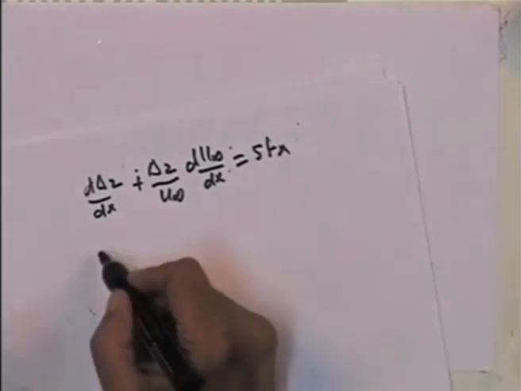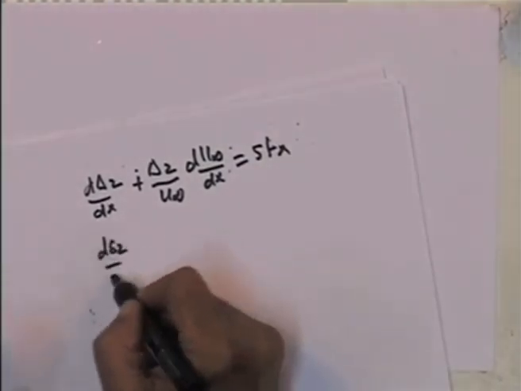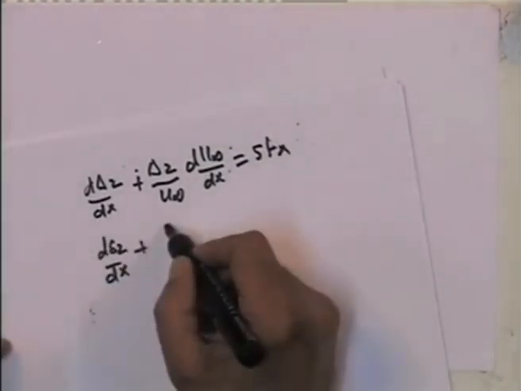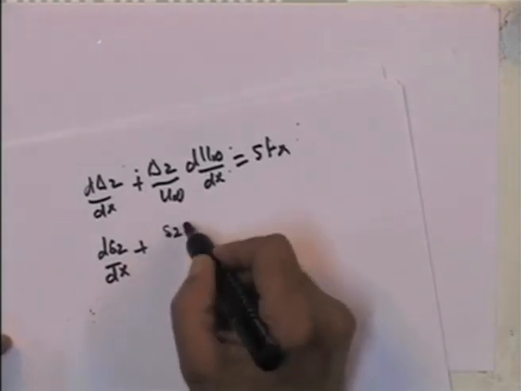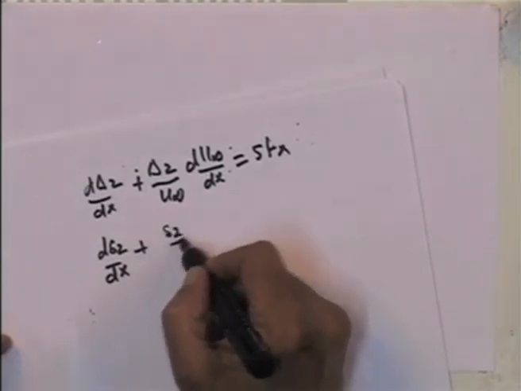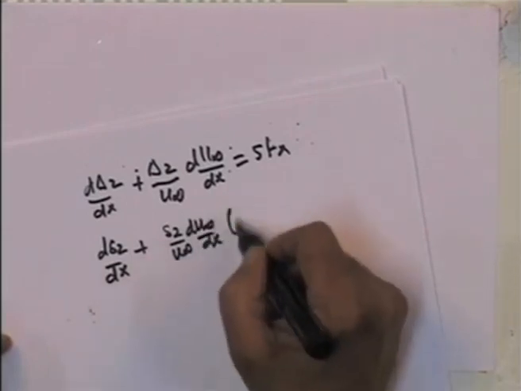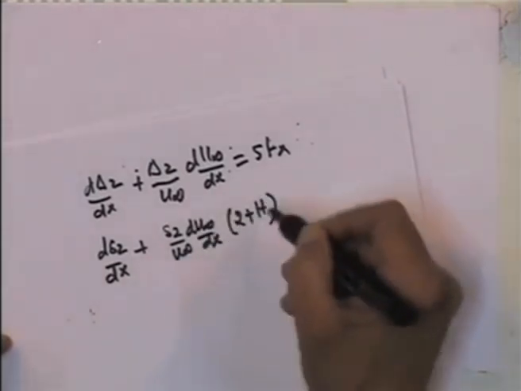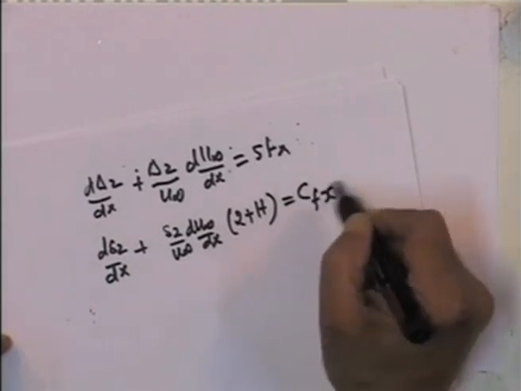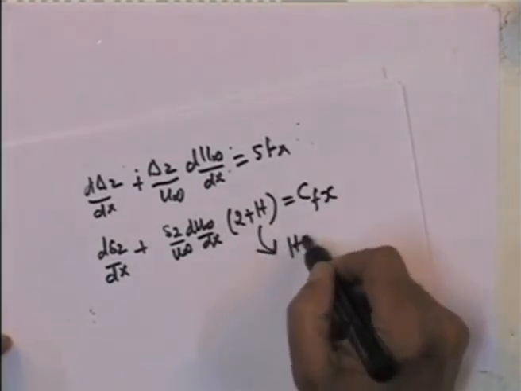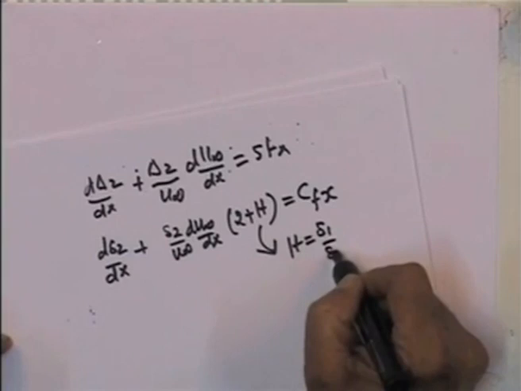The corresponding momentum equation was d delta 2 by dx plus delta 2 by u infinity du infinity by dx into 2 plus h equal to Cfx, where h was equal to delta 1 by delta 2.